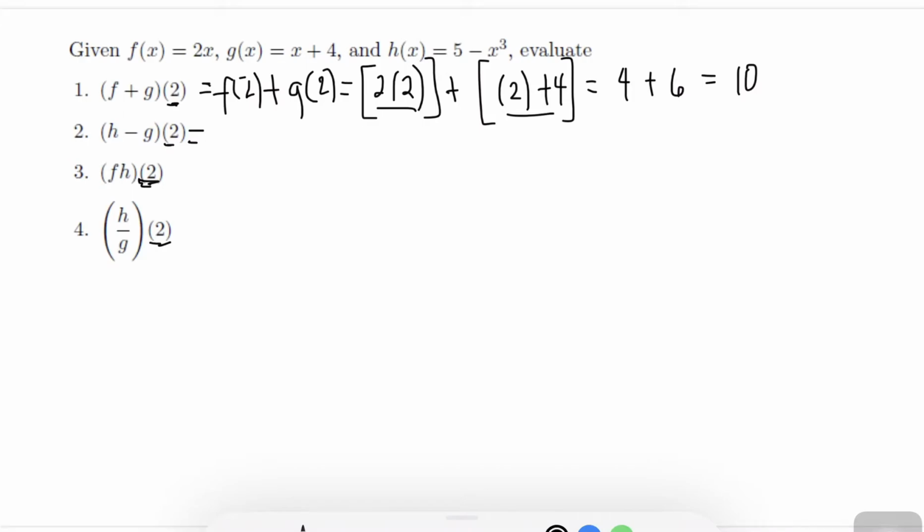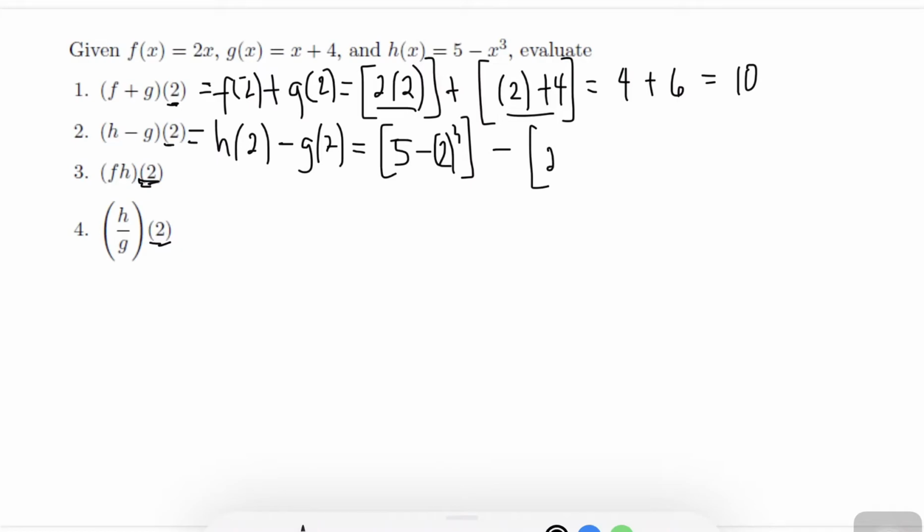Next, h minus g of 2, we have h of 2 minus g of 2. So what is h of 2? We have 5 minus 2 cubed, minus, what is g of 2? 2 plus 4.